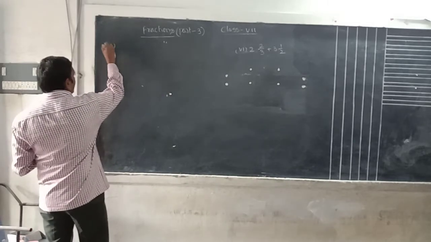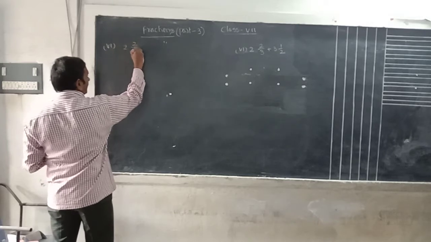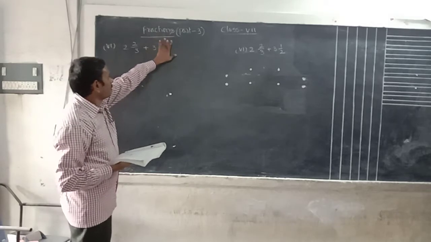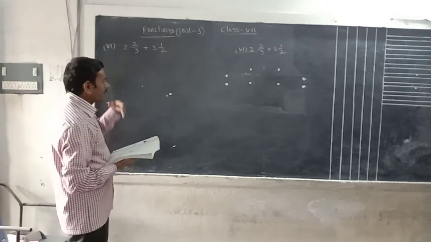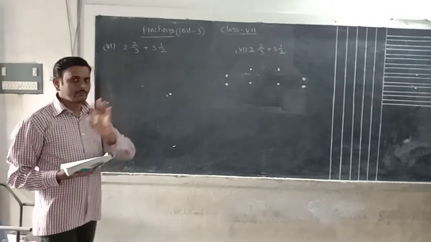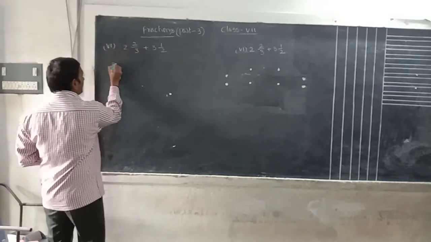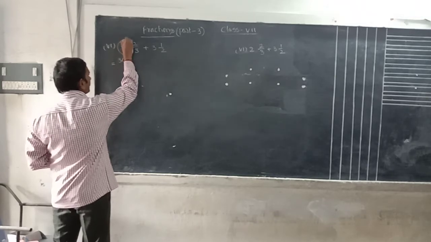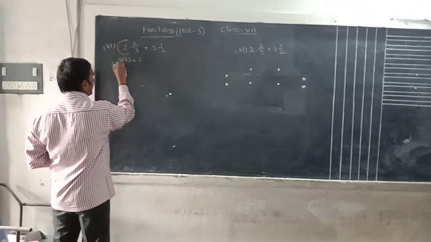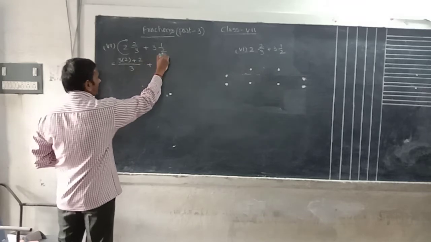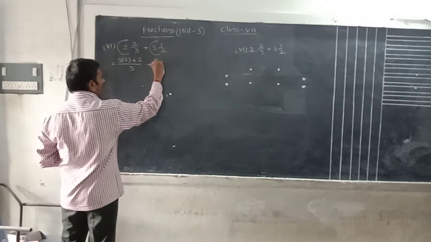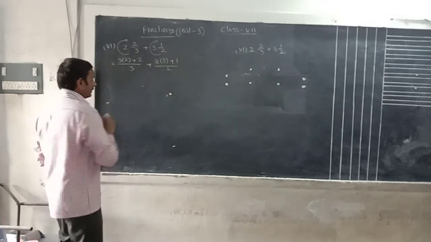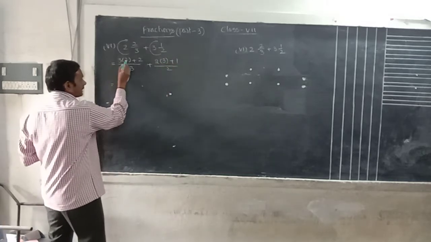What is the situation here? 2 2 by 3, 3 1 by 2. Two mixed fractions are given. Whenever two mixed fractions are given to you, you have to convert them to improper fractions. So convert to improper, multiply these two. 3 into 2 plus 2 by 3, plus 2 into 3 plus 1 by 2. 3 2s are 6.